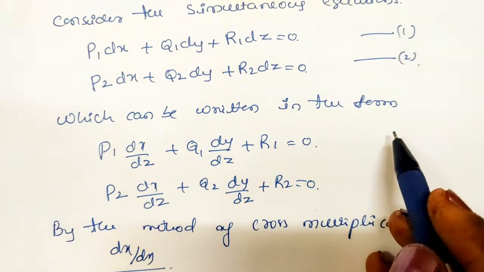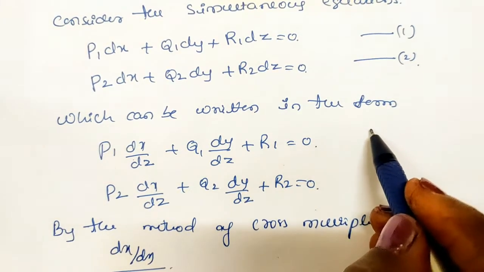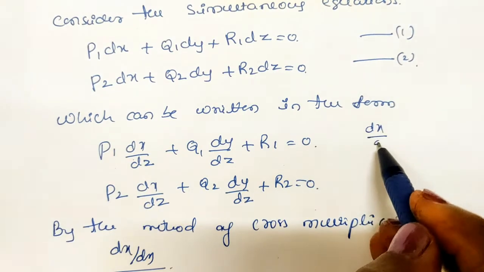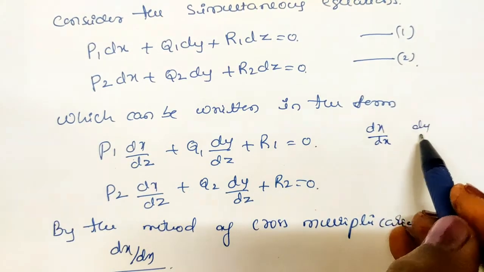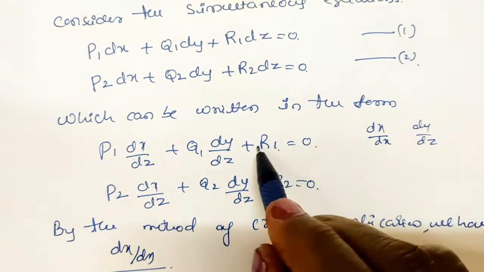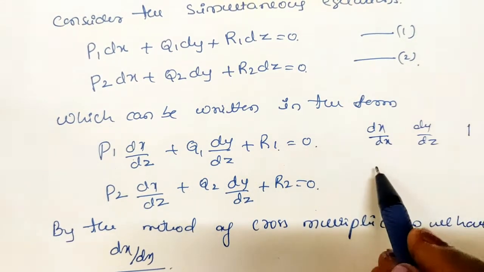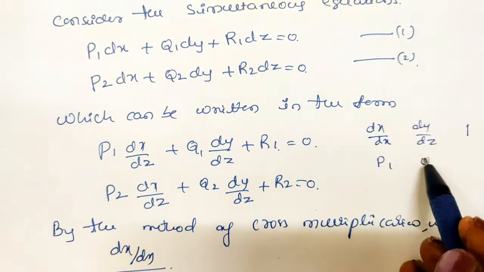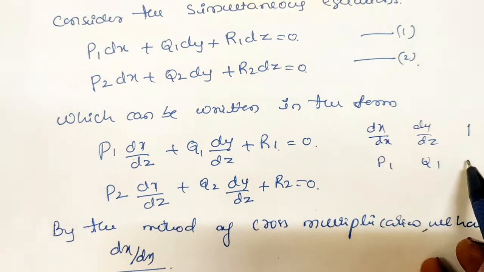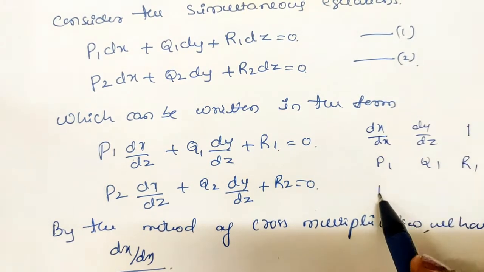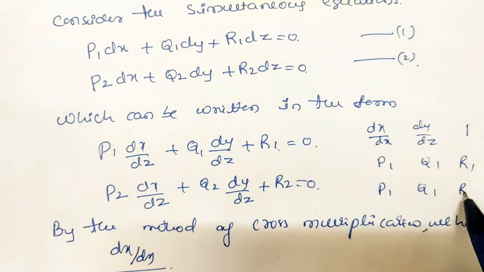I hope all of you know this method. Then the coefficients of r1 is 1. Then write the coefficients p1, q1 and r1, then p2, q2, r2.